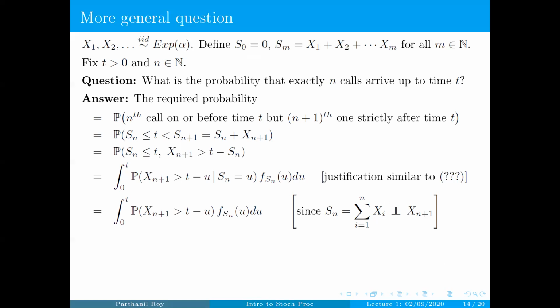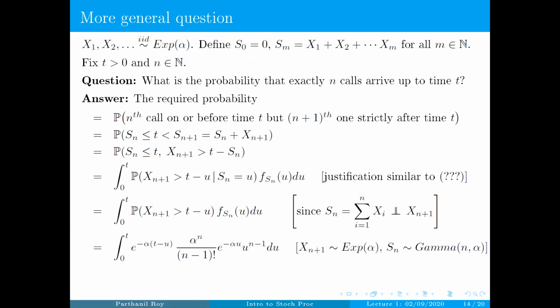Since all the Xi's are independent, and Sn is just the sum of the first n of them, the n plus 1st one, namely X_{n+1}, is going to be independent of Sn. Okay? So therefore, this conditional probability can be changed to an unconditional probability of X_{n+1} bigger than t minus u. This is because of the independence of Sn and X_{n+1}, and that happens because all the Xi's are independent, and Sn is a function of the first n of them, whereas X_{n+1} is the n plus 1st of them. So that makes them independent.